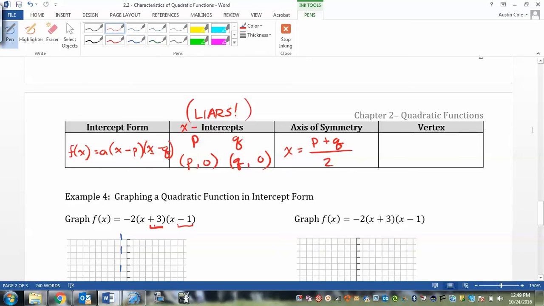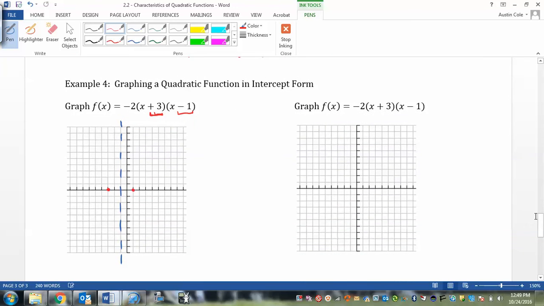Now, if I apply that to this problem, I'm going to have x equals p plus q divided by 2. Well, I'm going to have -3 plus 1 divided by 2. What's -3 plus 1? -2 divided by 2 is -1. So x equals -1. Now that's what we already had drawn in there.